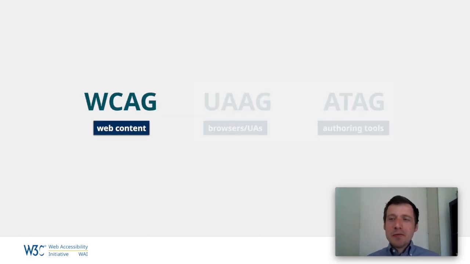Now, this makes sense when we look at the different accessibility standards and see what the role of each of them is in kind of trying to realize this is for everyone kind of thinking. So WCAG is the standard for web content, as mentioned before. Of course, when you want an accessible web that works for everyone, you need to make sure that the content on it is accessible. So it's a good point to start.